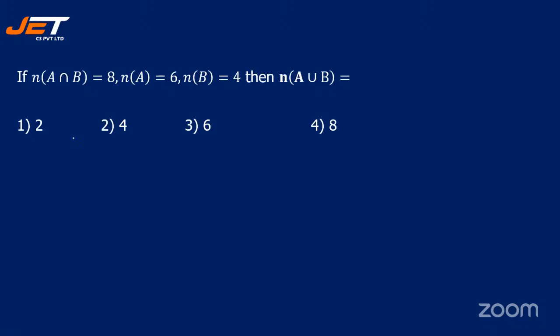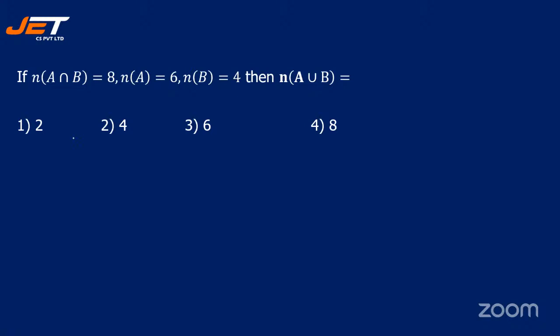The next question. If n of A intersection B is 8, n of A is 6, n of B is 4, then what is n of A union B? I'm sure you would have got the answer by now just by using the formula.